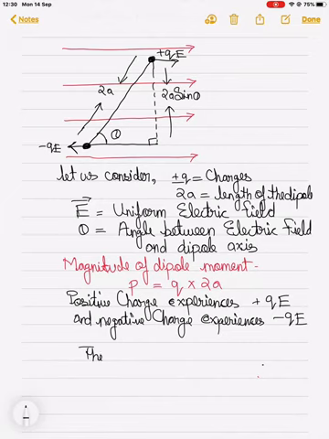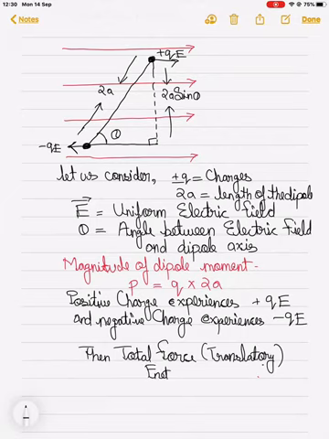Then the total force. Which force? Translatory force, remember that. So F net will be plus QE and minus QE, which will give you zero value.